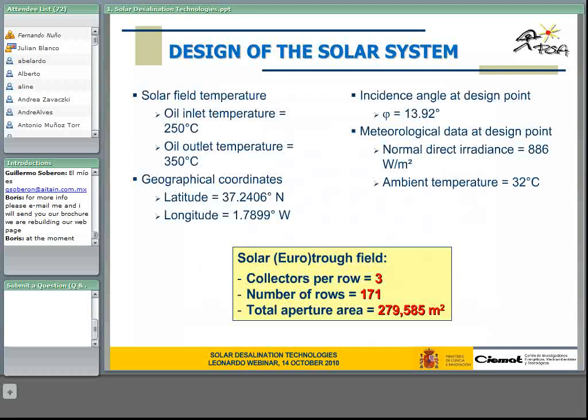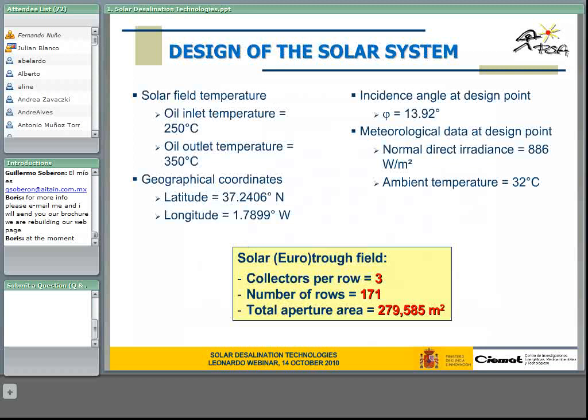So in this case, this is the data input to the system. We obtain that we need a configuration of 3 collectors per row. Each collector is 150 meters long. We need about 171 rows.